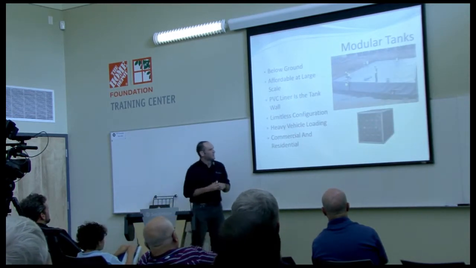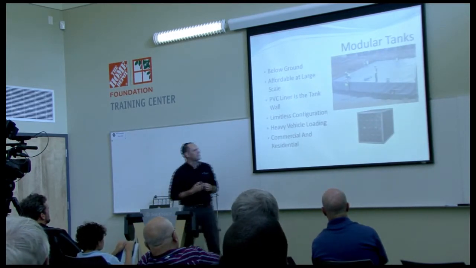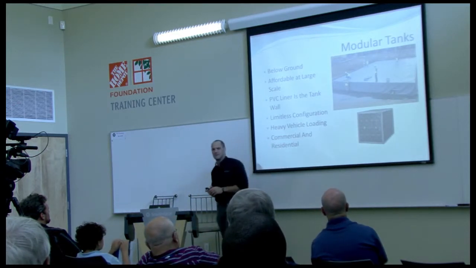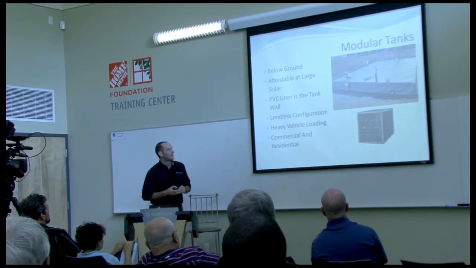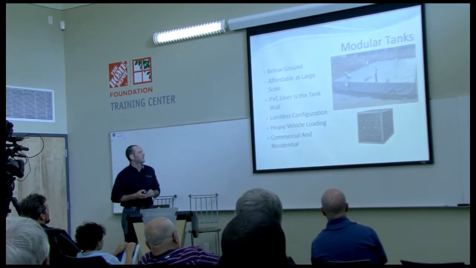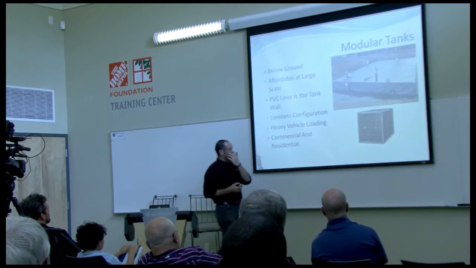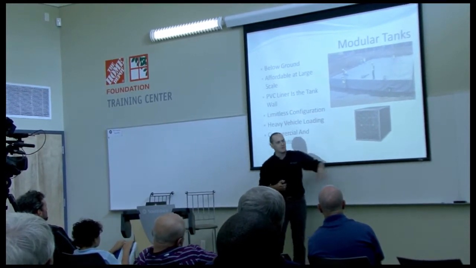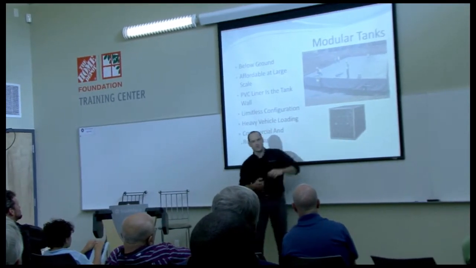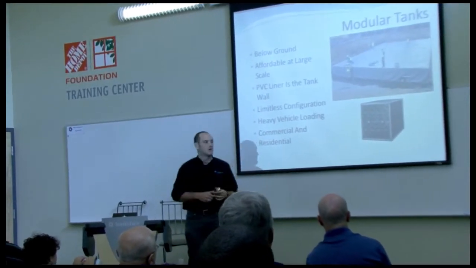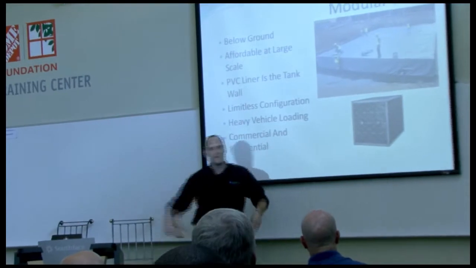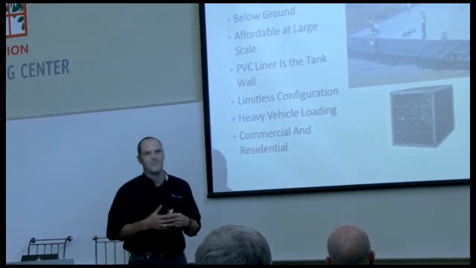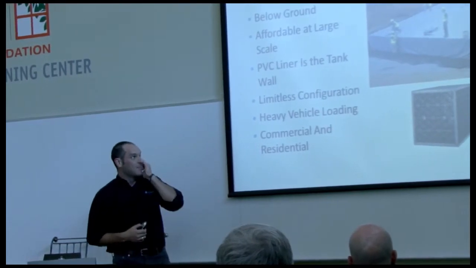Modular tanks. This is actually a stormwater product, kind of retrofitted for rainwater. This was an 80,000 gallon system we did at Dan Farrell High School in South Atlanta for irrigation and toilet flushing. Basically, the way these systems work is you're dealing with these individual units or modules. Originally this was a stormwater product where you would wrap these things in geotextile fabric, take your inlet pipes into them, it would store the water, and it would then percolate back out slowly over time.